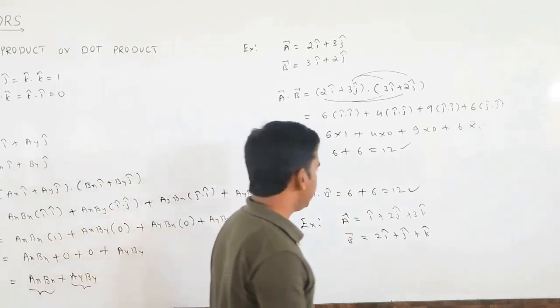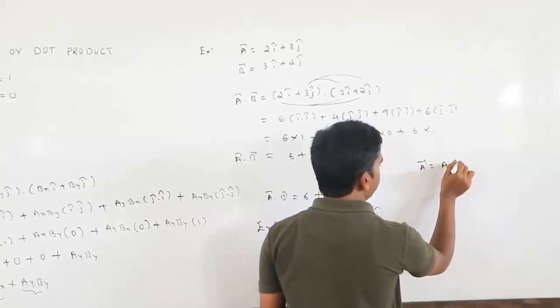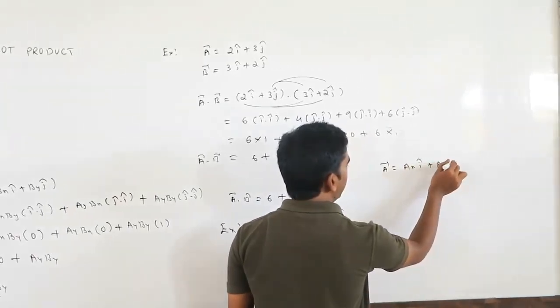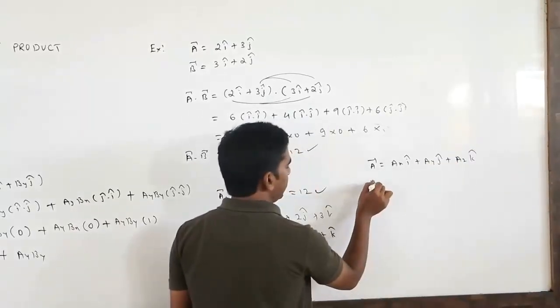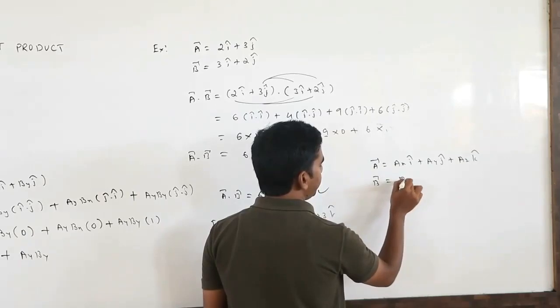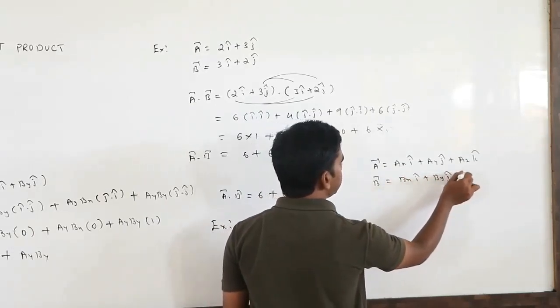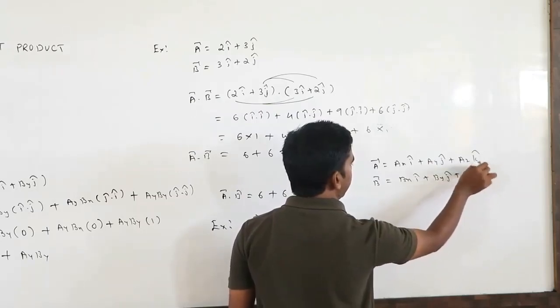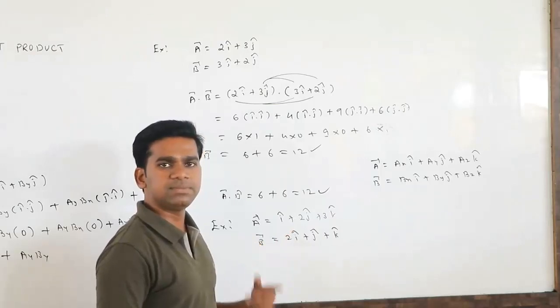Otherwise, if we do it in general, vector a equals ax i cap plus ay j cap plus az k cap. Then vector b equals bx i cap plus by j cap plus bz k cap.